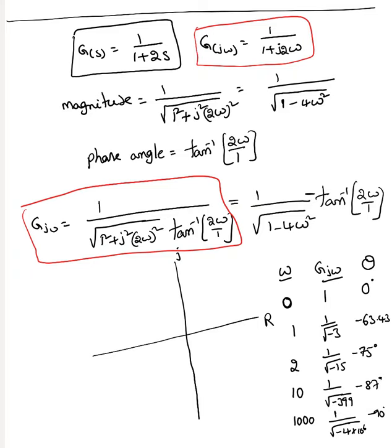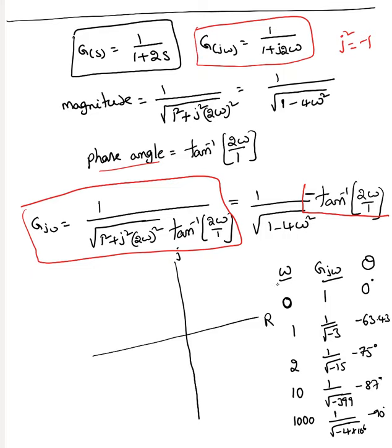So j square is nothing but -1, so I'm converting that into -1. We will end up with 1 over square root of 1 minus 4 omega square, and phase angle is tan inverse of imaginary over real, which is 2 omega over 1. Now what I'm doing, I'm taking this tan inverse to the numerator, so it will become minus angle. So basically it has an angle right there.